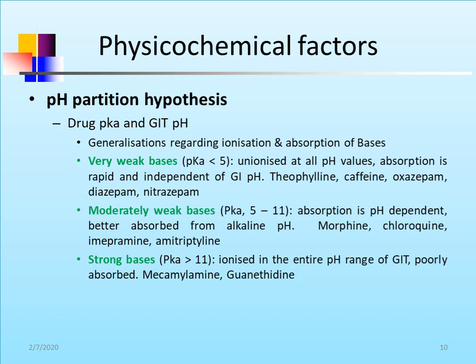So it indicates that very weak bases are unionized at all pH values and absorbed from the gastrointestinal tract well, while strong bases with a pK greater than 11 are ionized in the entire pH range of the GIT and poorly absorbed, while the absorption of moderately weak bases is pH dependent.